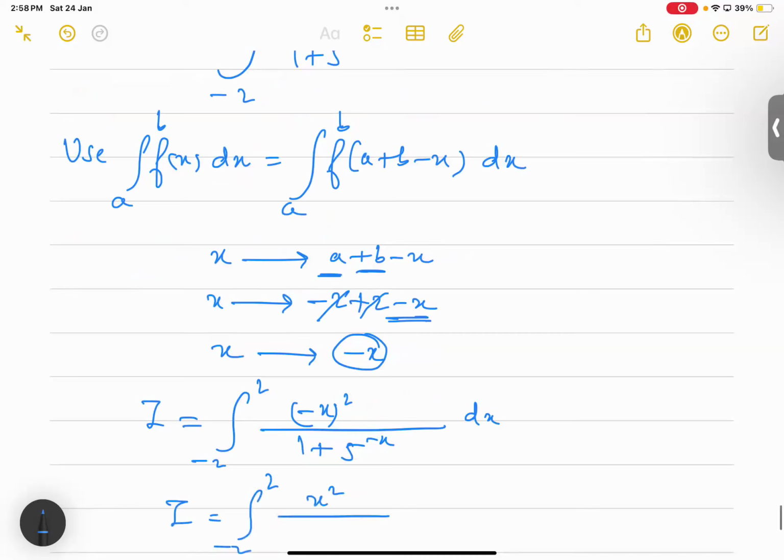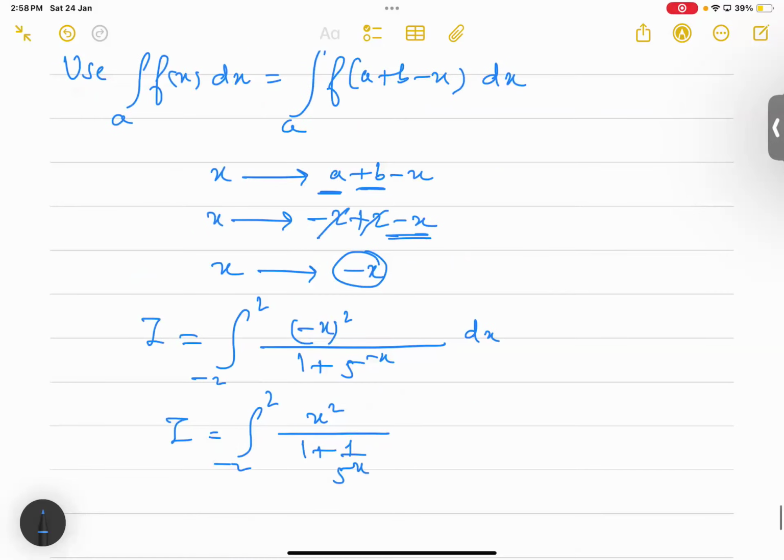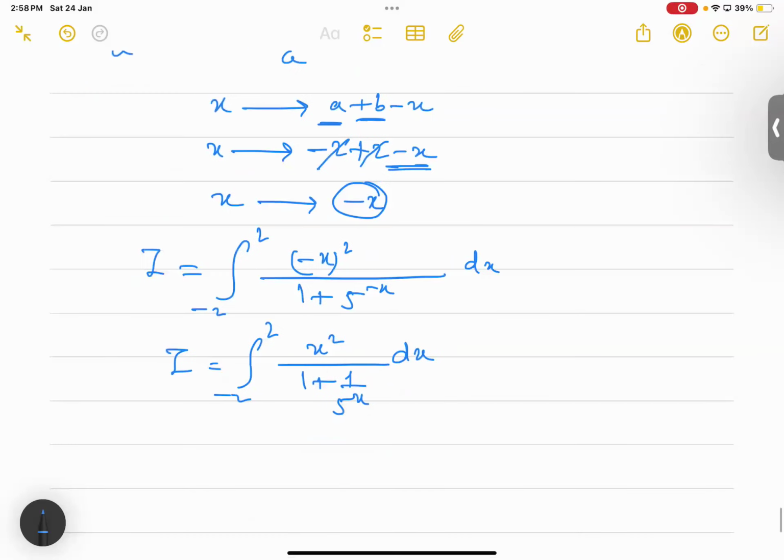In this property also, what do we do? The same thing: add 1 and 2. But then we have not arrived at 2 yet. We get x square times 5 raised to x upon 1 plus 5 raised to x after taking the LCM. This is equation number 2.